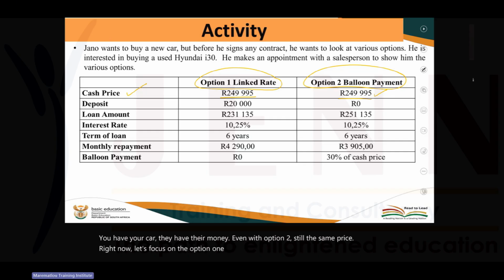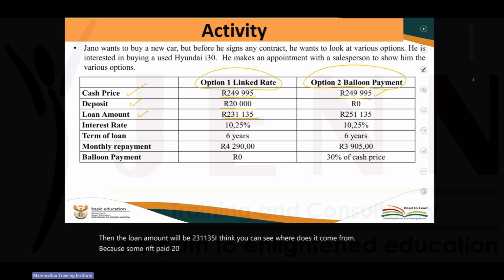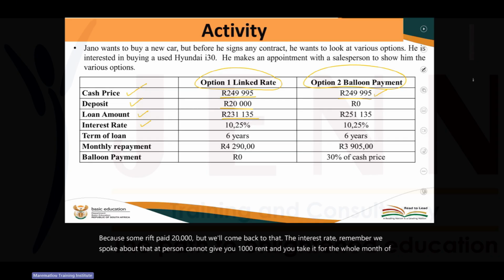For option 1, if you are paying a deposit of 20,000, then the loan amount will be 231,135. I think you can see where it comes from, because you will have paid 20,000, but we'll come back to that. The interest rate: remember we spoke about that a person cannot give you 1,000 rand and you take it for 5 years, then you bring back 1,000 rand.